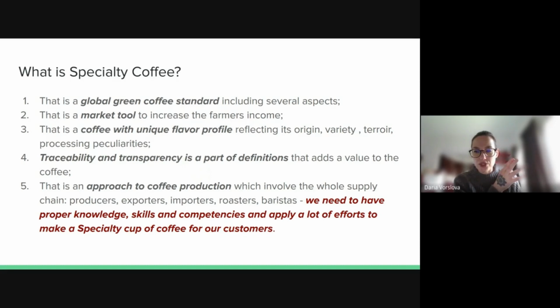We don't know the region. We don't know the farm. And the people who produce this coffee probably didn't get any premium. So why on earth do we name commercial coffee specialty, we market commercial coffee as specialty, if the purpose is not there, if the idea is not there? I mean, I know the answer.